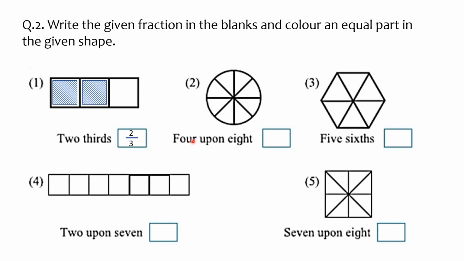Same way, next sum 4 upon 8. So this shape has 8 parts. From that 4 parts we have to color. We can color any part of this shape, but we will color only 4 parts.